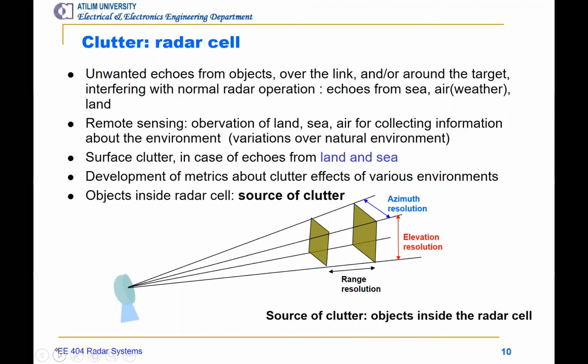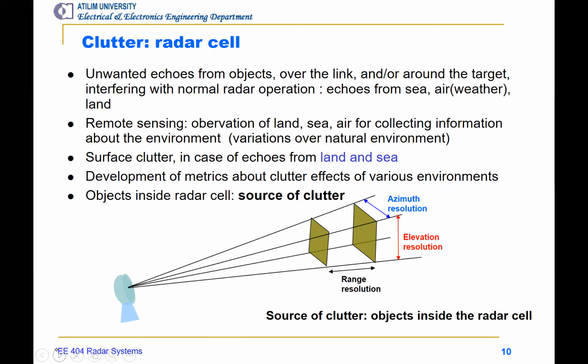In the next lesson, the last lesson of the semester, we'll be talking about details of signal processing in the receiver of a radar system. So from now on, we'll be talking about clutter.